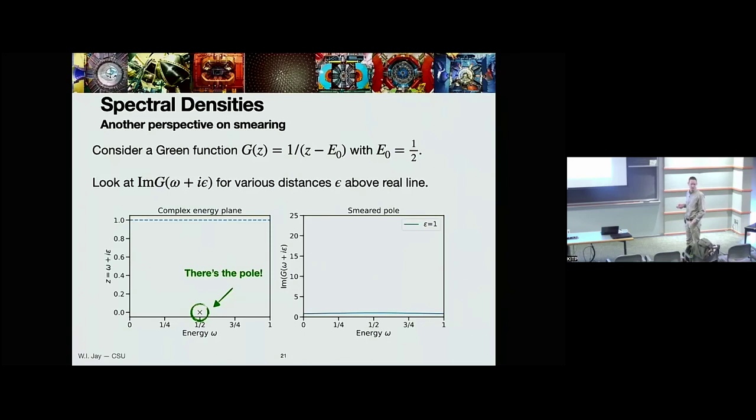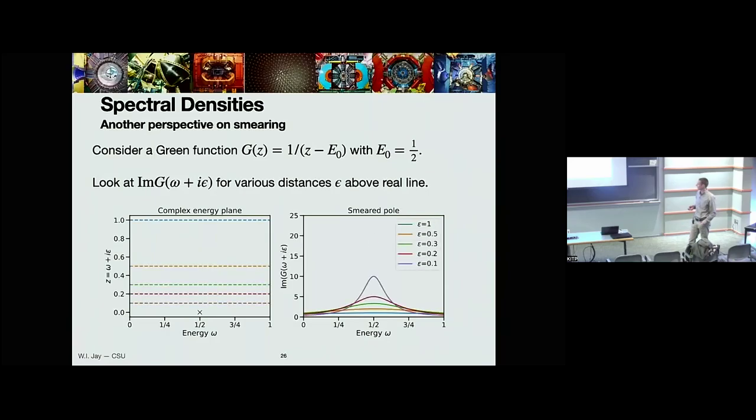Epsilon doesn't need to be a small parameter here, and this is the distance epsilon, and right now it's unity. If you then look at the imaginary part of the Green's function, that's what I've got on the right-hand side, and you're so far away from the pole that it's very flat and boring. However, now let's bring epsilon down. So down, down, down we go. And you can see this begins to look like a smeared delta function.